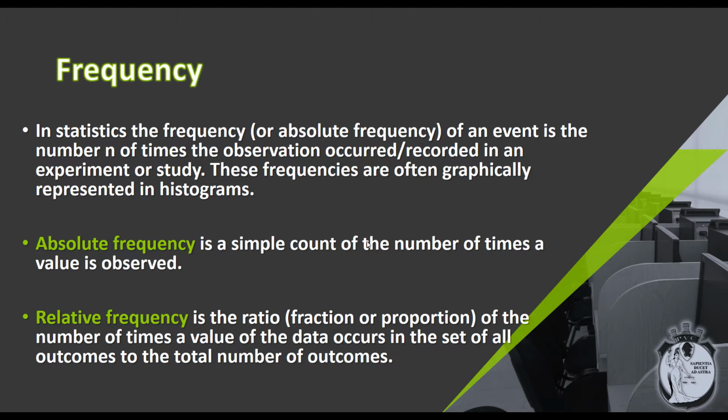We have two kinds of frequency. The absolute frequency is the number of times a value is observed, and the relative frequency is a fraction or proportion, in this case a percentage of the frequency.